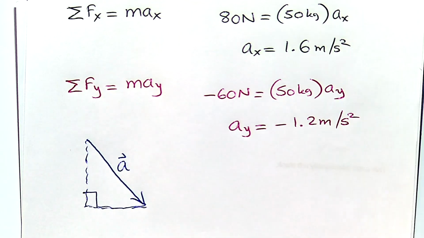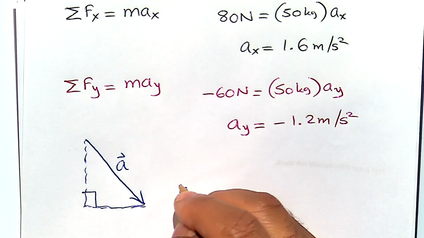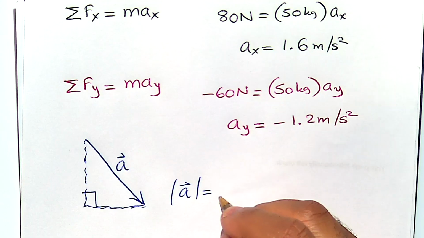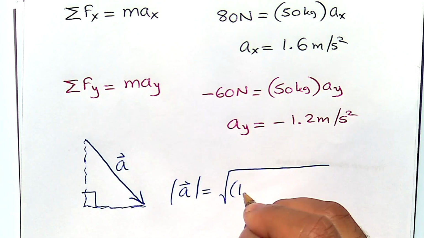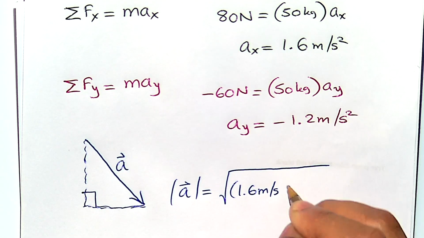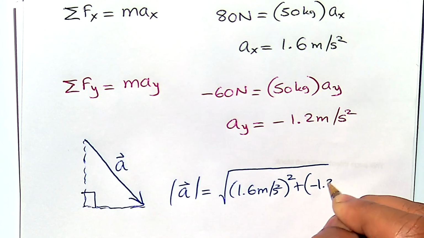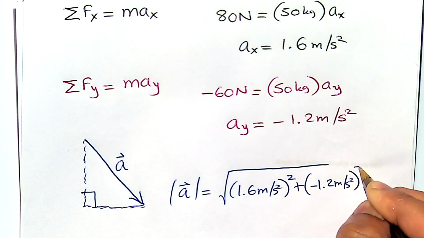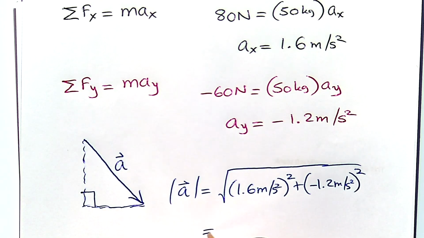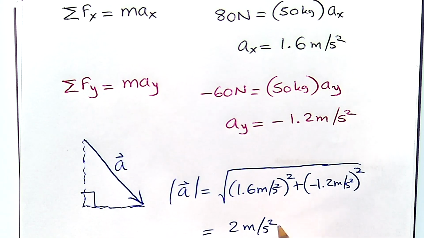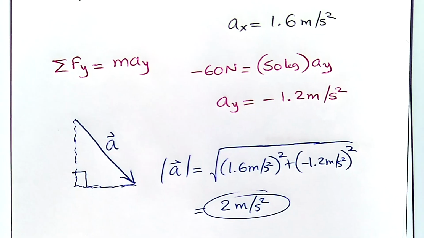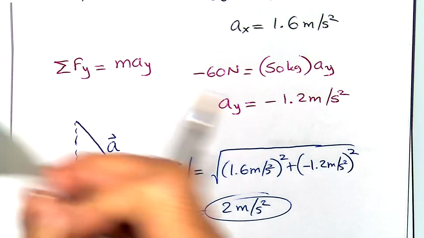So here's a right triangle, and you can find the magnitude of acceleration using the Pythagorean theorem. You take 1.6 meters per second squared, square the whole thing, plus minus 1.2 meters per second squared, squared, take the square root of that, and you'll get 2 meters per second squared, just like before. Same answer, just a different way to do it.